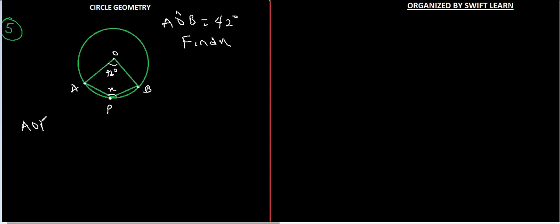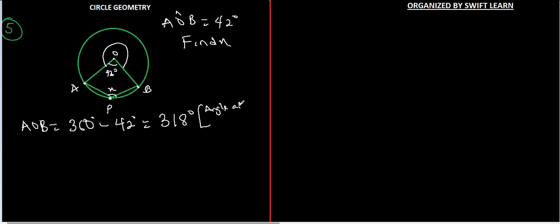Get angle AOB. I want to get this other side, because this is half of the center. That will be what? Angle at the center is what? 360. So I'll say 360 degrees minus 42 degrees. That will give me what? 318 degrees. Angle at the center is 360 degrees.